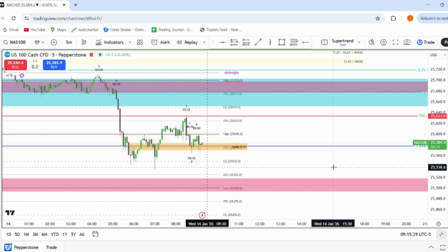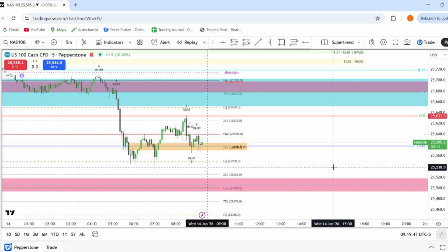I've also added on the price levels to see where price is. And as you can see, we're still at that 1.618 extension from our magic lines. And we're sitting there on the 75% or 25% mark of that price range.